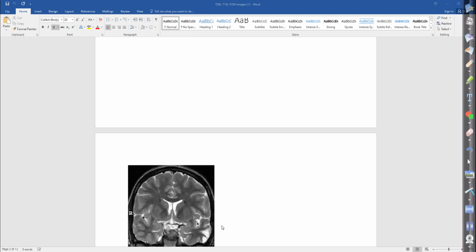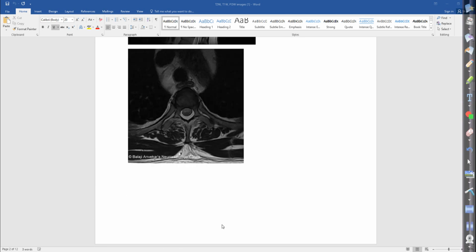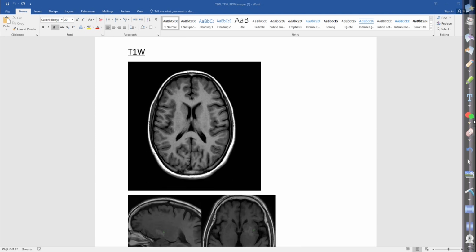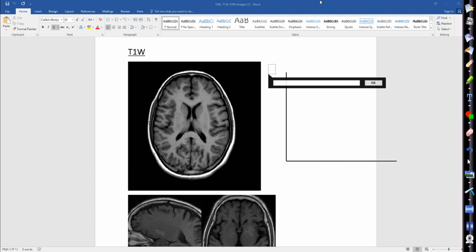So now let's go to a T1 weighted image and draw our curves. All right. How do I label my y-axis? What is that now? M sub z. M sub z, for our longitudinal.